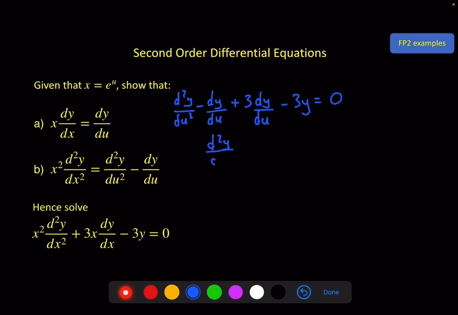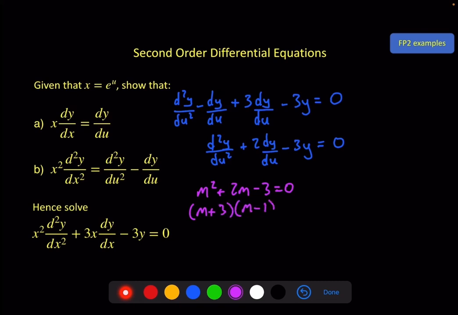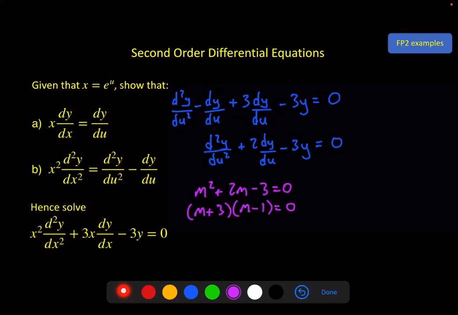So we've got a second derivative plus 2 first derivatives minus 3 of the function. And this is our second order differential equation that we can solve by using the complementary function. M squared plus 2m minus 3 equals 0, m plus 3, m minus 1. So our solutions here, m equals minus 3 and m equals 1.